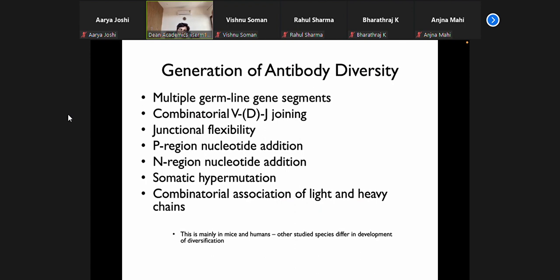And as we know about evolution, it always tries to give a fitness, and if there is a fitness associated with an evolutionary change, why not go for it? But essentially, this is what we understand about the generation of antibody or TCR diversity, right?